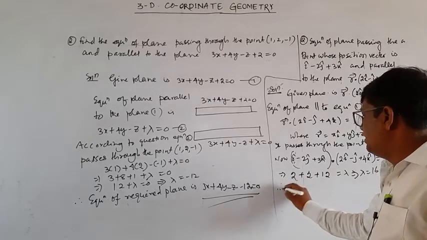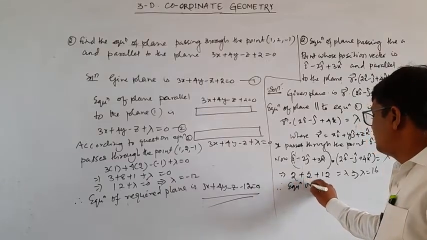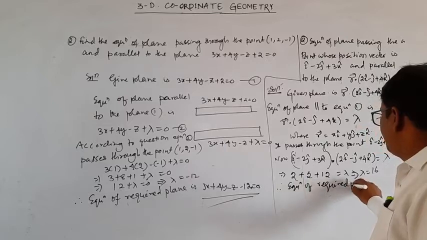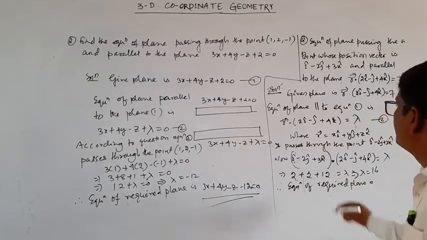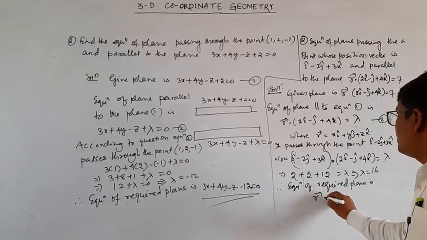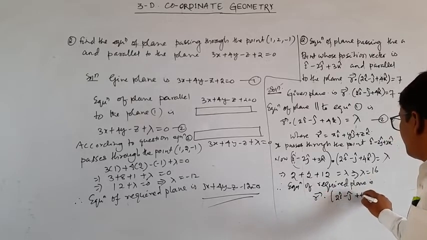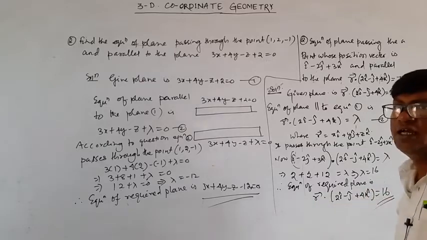So the equation of the required plane is r dot (2i - j + 4k) = 16. This is the answer.